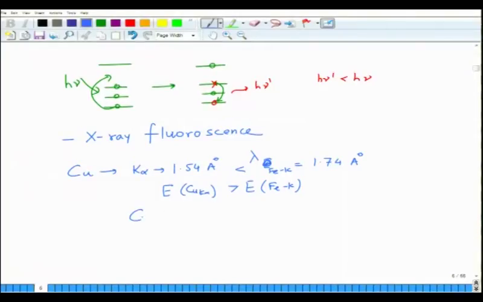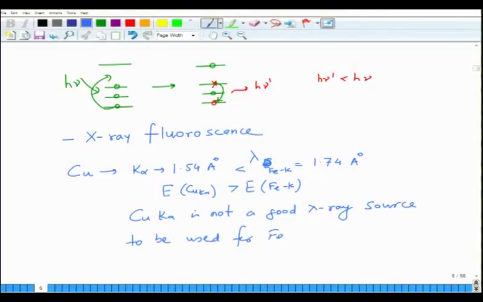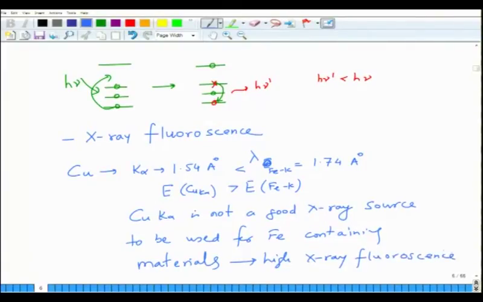So, copper K alpha is not a good X-ray source to be used for iron containing materials, because it gives rise to high X-ray fluorescence, because the energy of CuK alpha radiation is higher than the K absorption edge of iron.